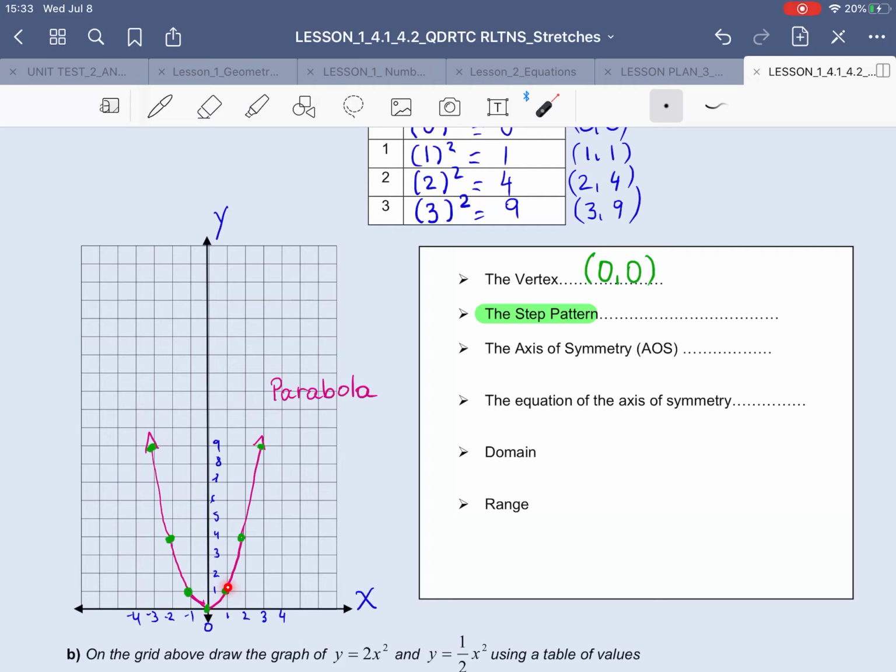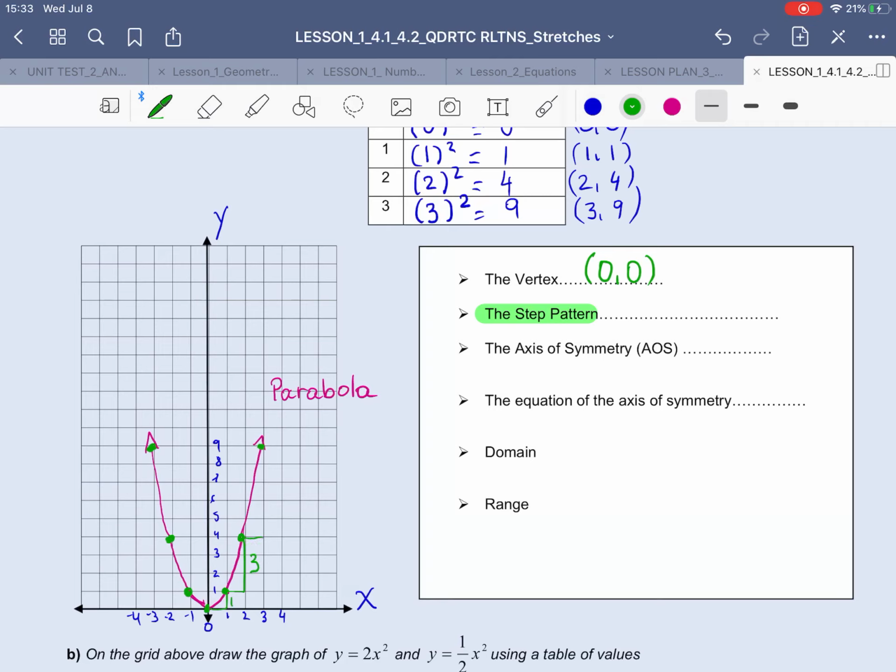So if I'm at the vertex, how do I go to the next point that I graphed? I would say that to go to the next point, I had to run 1 unit and rise 1 unit, okay? So to go from this point where I've landed already to the next one, I have to run 1 unit, and this time I rise 3 units.